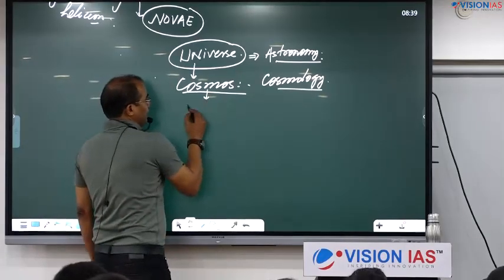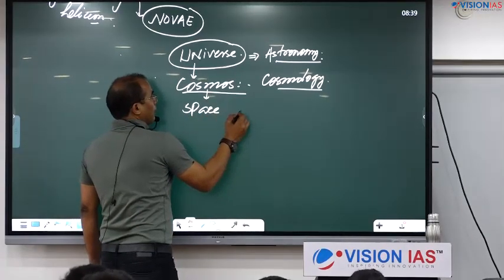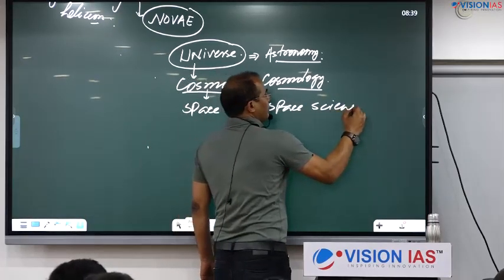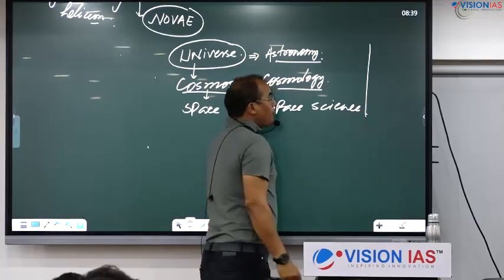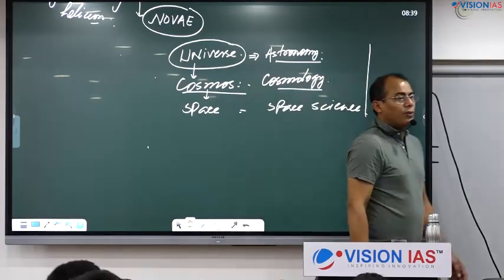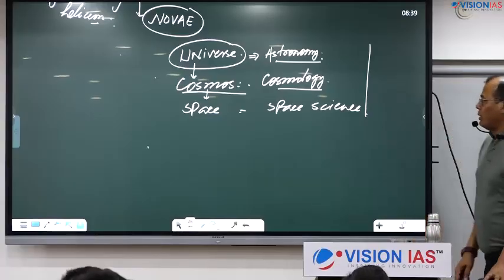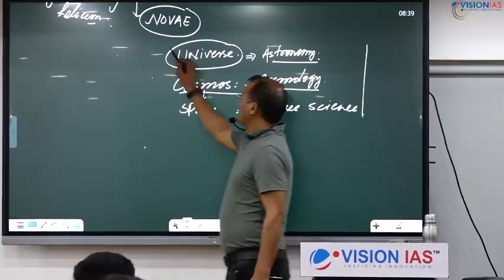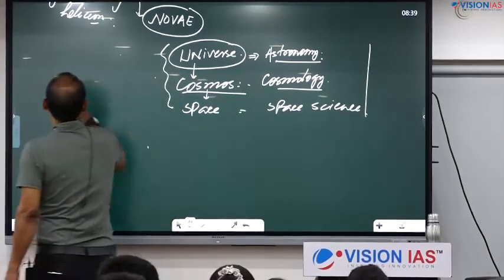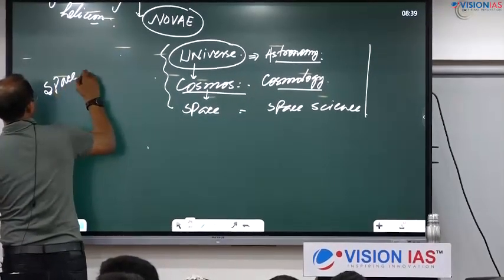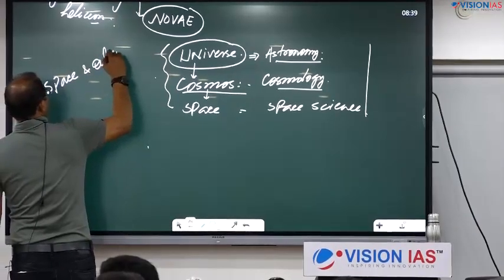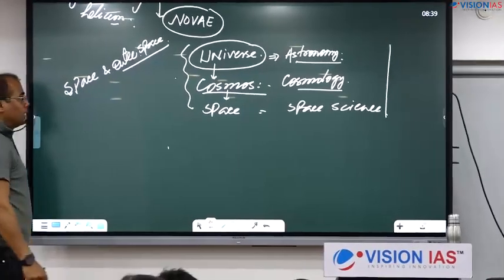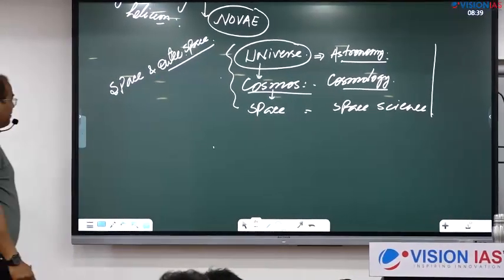Nowadays, the popular word is space, and the study is called space science. All are similar, whether you call it astronomy, cosmology or space science, universe, cosmos or space. The only difference is nowadays we are differentiating between space and outer space. Outer space earlier was not well defined.